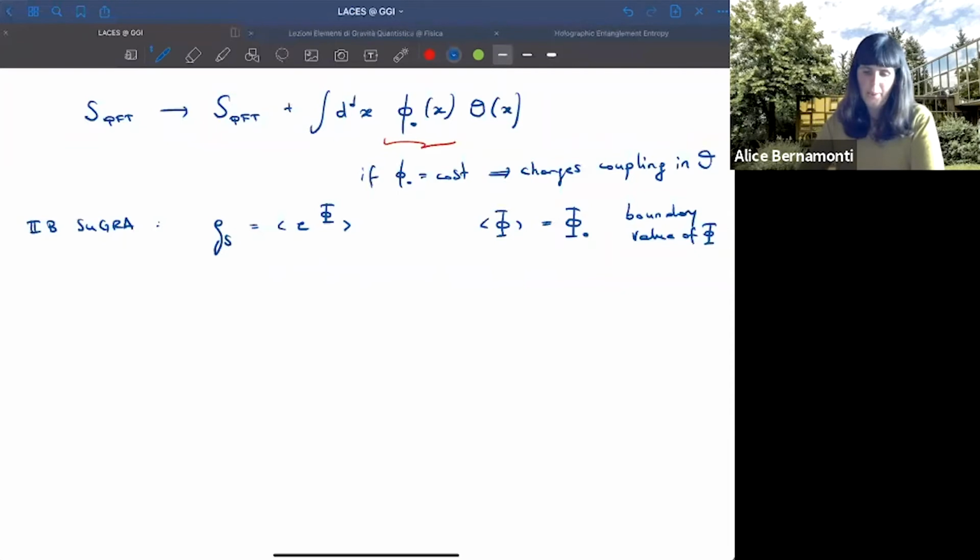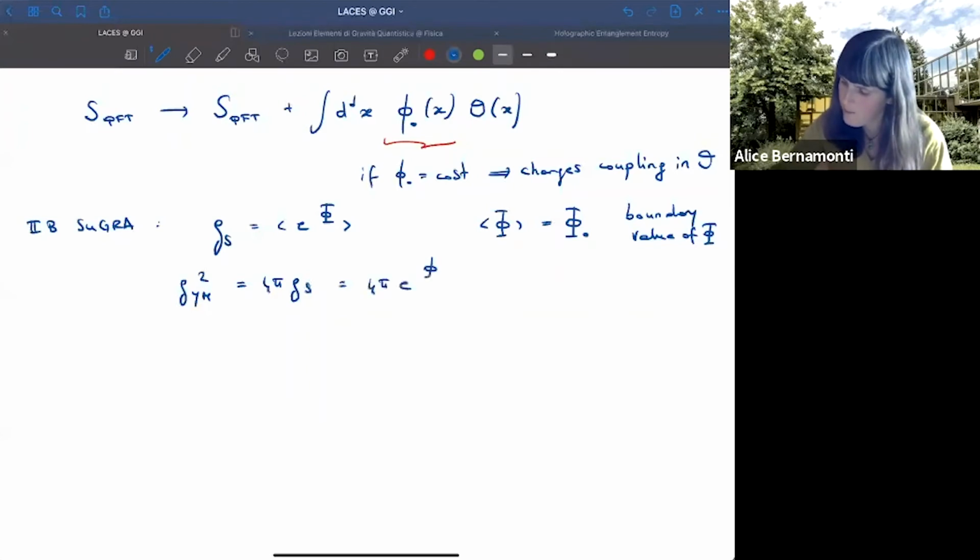Remember that, using the relation between parameters, g_YM squared is given by 4 pi g_string, so this is 4 pi e to the phi naught, where phi naught is the boundary value of the dilaton.